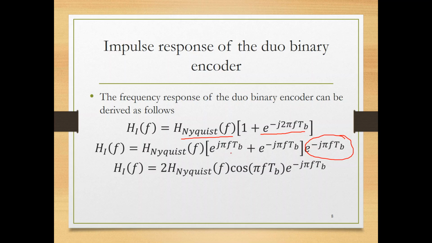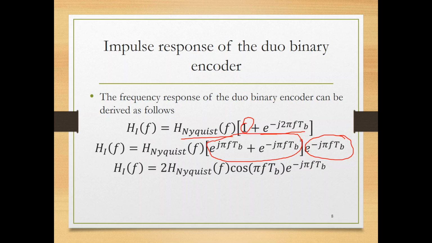You get e to j0. e to j0 is e to 0, which is equal to 1, which is this. And this, I get what? If you take e to minus jπf Tb out, you leave here another e to minus jπf Tb.